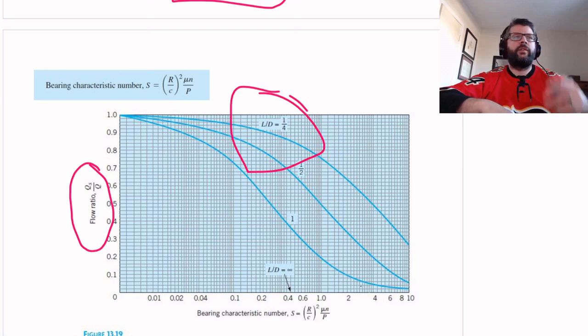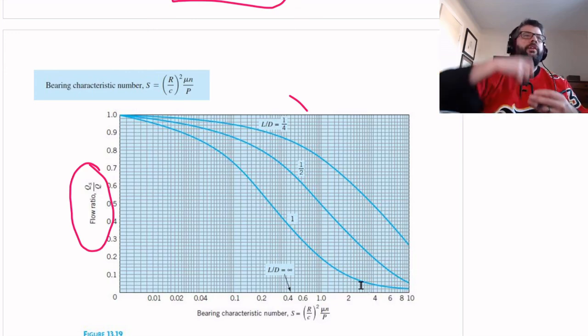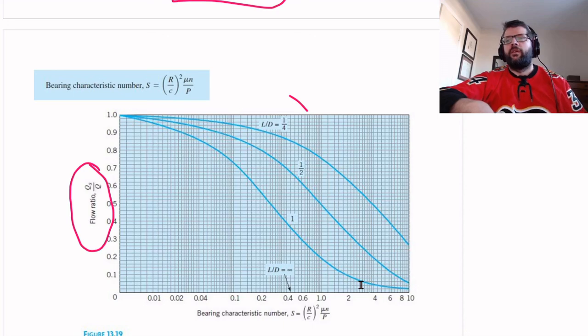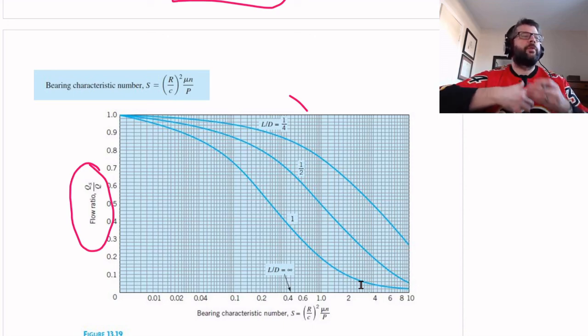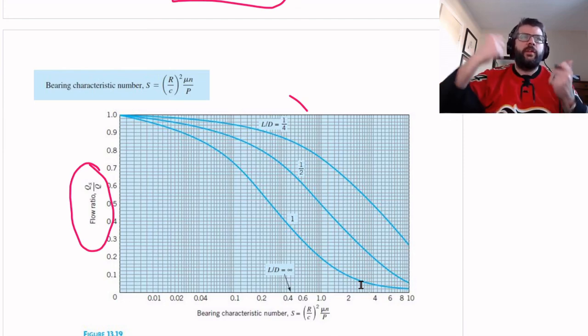For a lower length to diameter ratio, we get more side flow. And for lower speeds, we get more side flow. As you speed up, there's more impetus for the flow to get dragged all the way around. Same thing if it becomes more viscous. It's more likely to stick to the rotating surface instead of getting squeezed out at the sides.